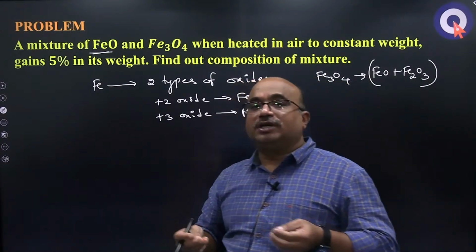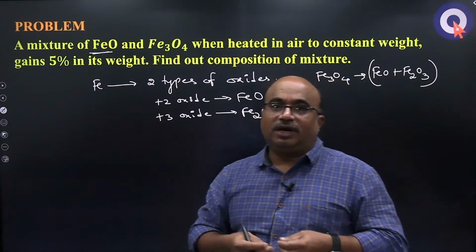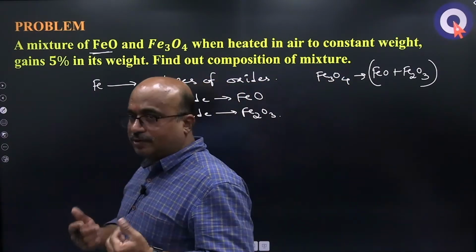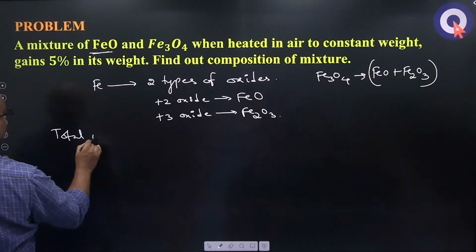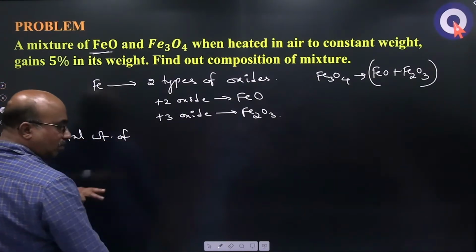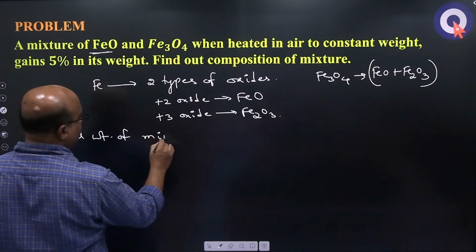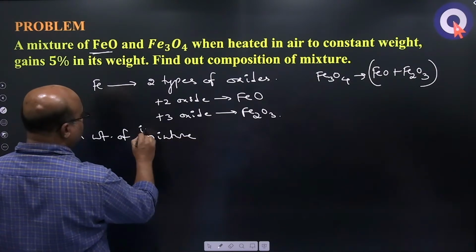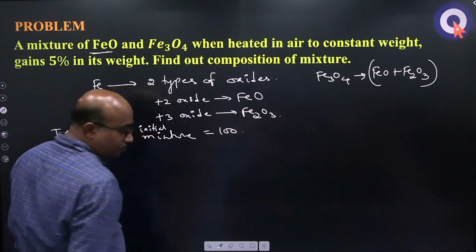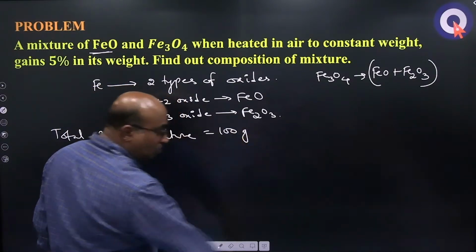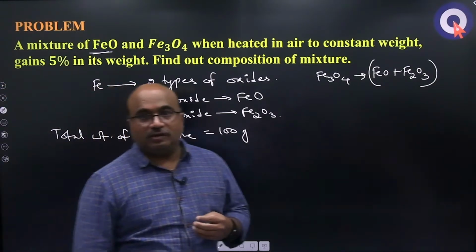Mostly composition is nothing but weight percentages. So in such cases, because we have to calculate percentages, let us take the total weight of the initial mixture as 100 grams.